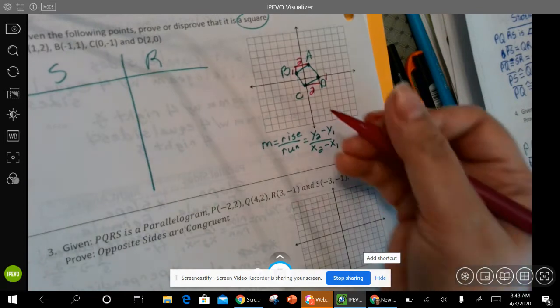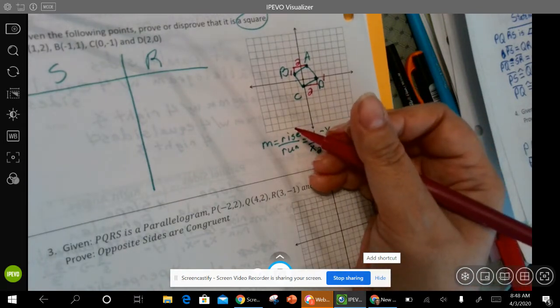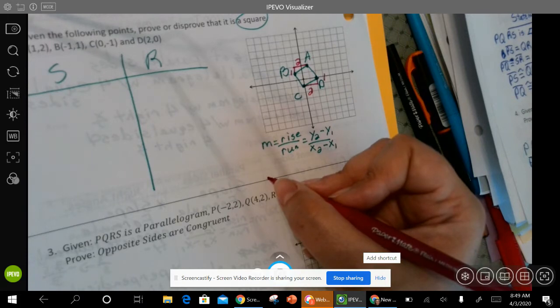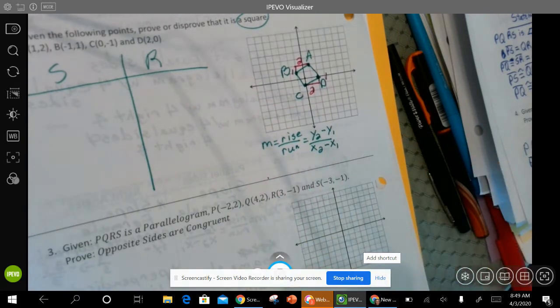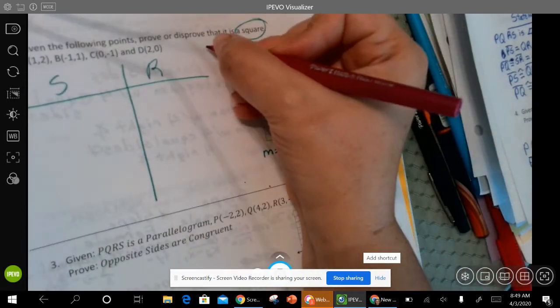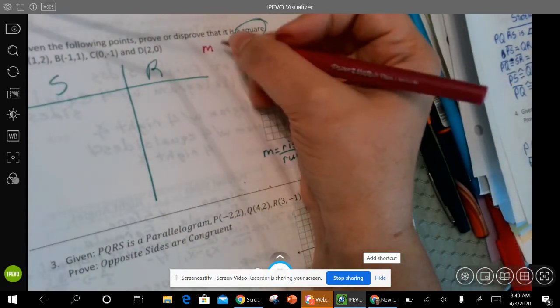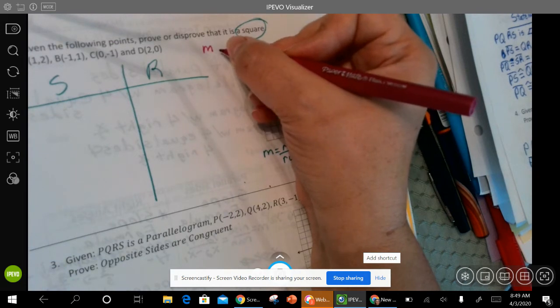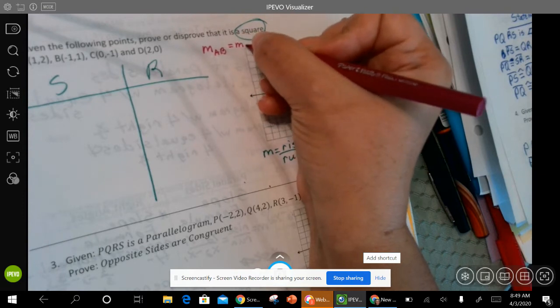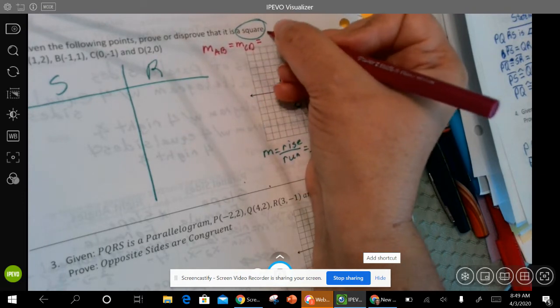Okay, so those slopes are going to be positive. So I'll put it up here. So the slope of AB, slope of CD is equal to 1/2.